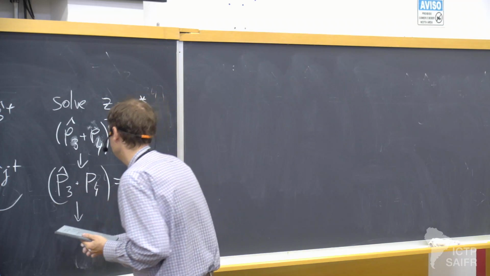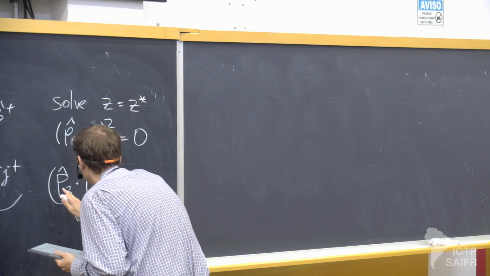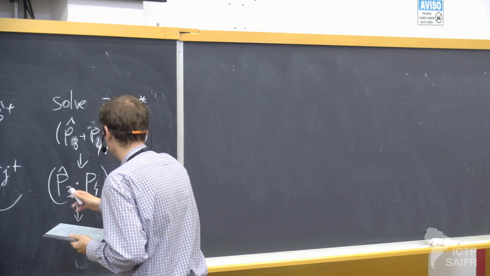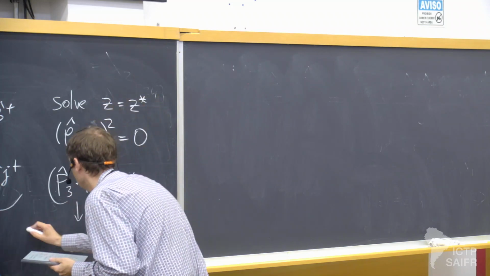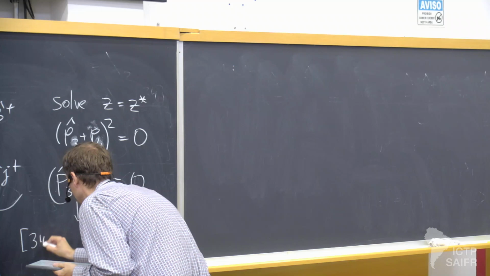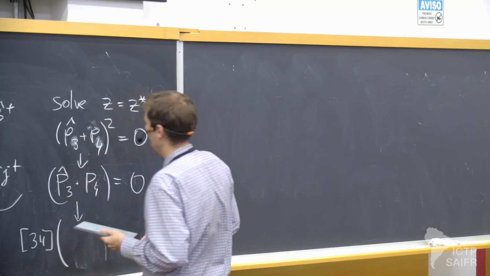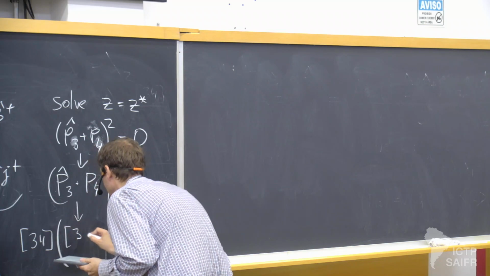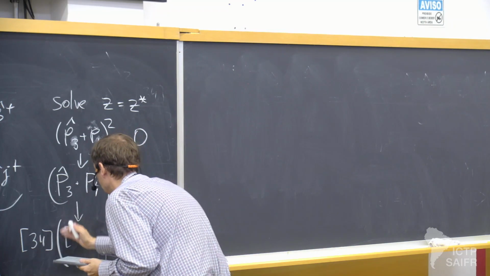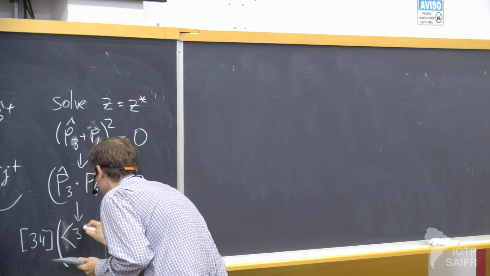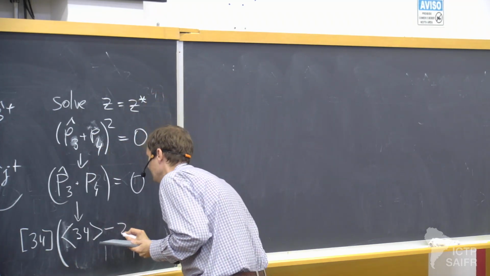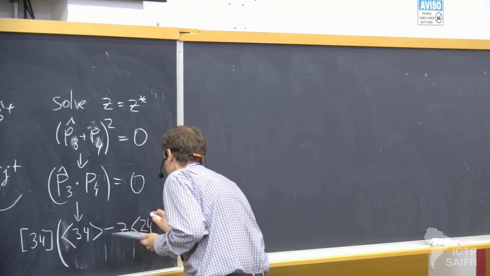Here, if we look at it more closely, in P3 the lambda was shifted, not the lambda tilde. So the lambda tilde part just factorizes as 3,4. And the thing which will be shifted here is the 3,4 minus Z 2,4.